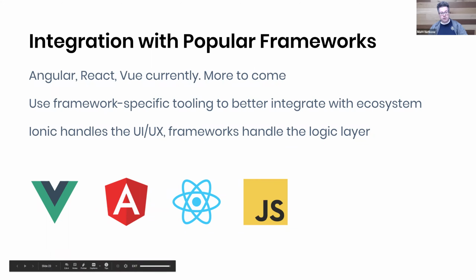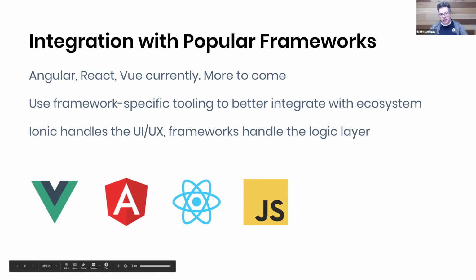We additionally focus, with Ionic 4 and beyond, on embracing framework-specific tooling to better integrate with those ecosystems. Meaning using their CLI tools, build systems, and what have you. We do have our own Ionic CLI that we'll talk about, but under the hood, they're using those framework-specific tools to ensure compatibility and stability.